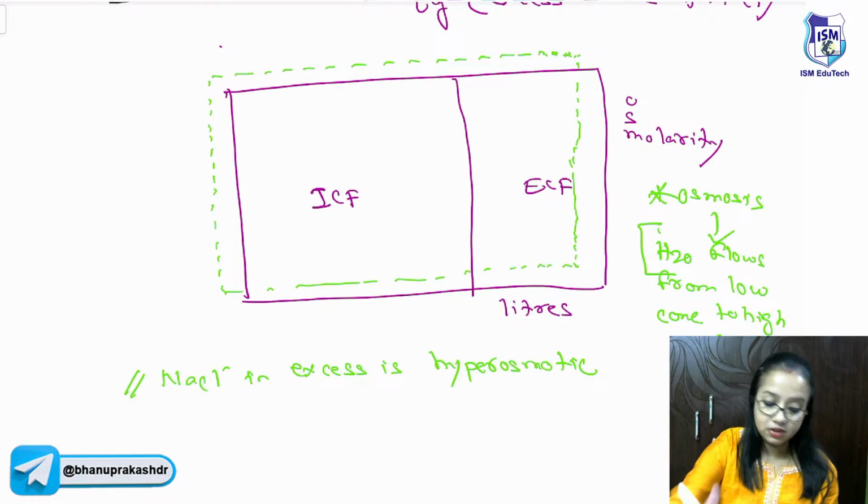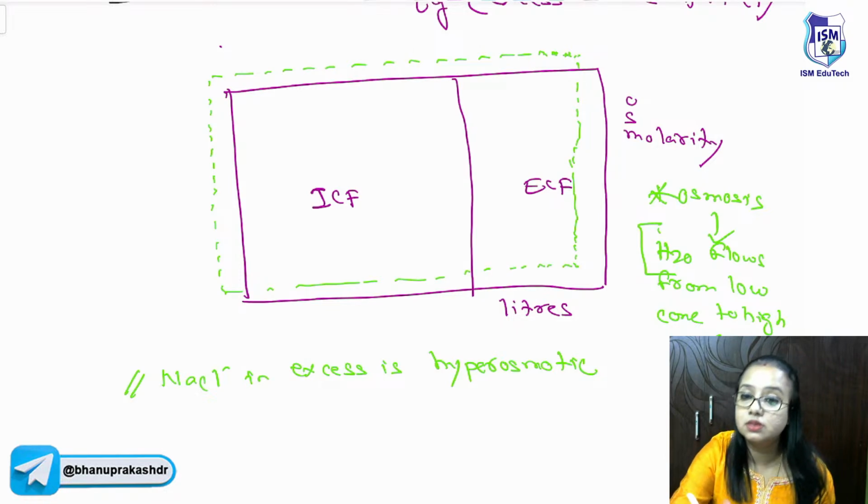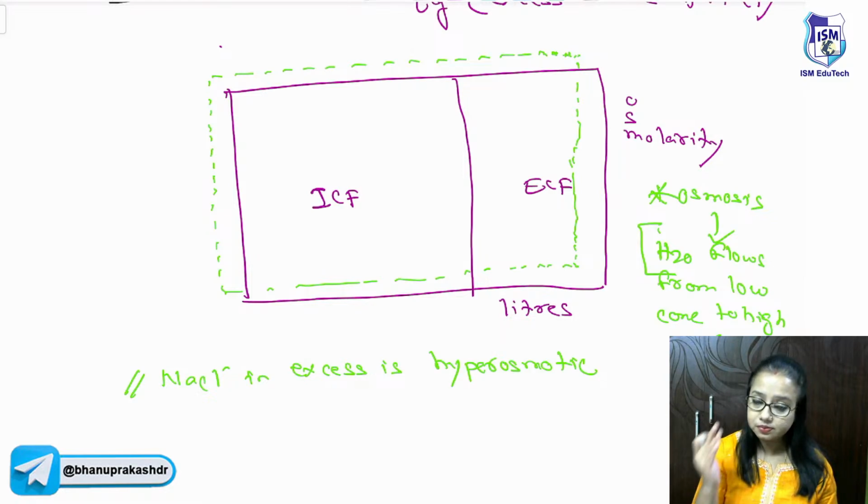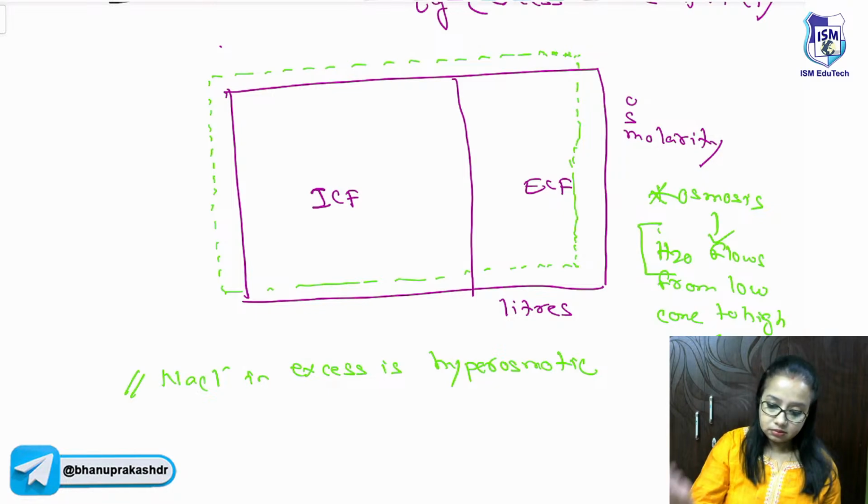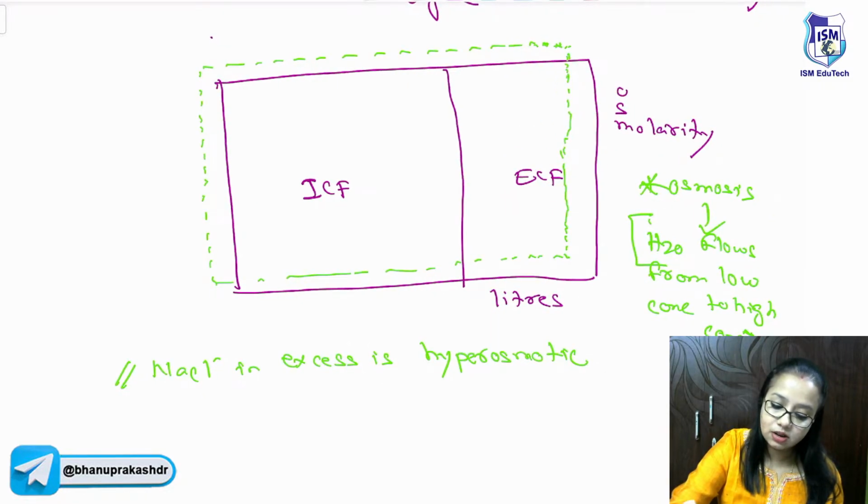I repeat, when there is intake of excess NaCl, what will happen? NaCl is hyperosmotic. When a hyperosmotic solution comes to the cell, it first goes to the ECF, as a result of which the osmotic pressure increases.